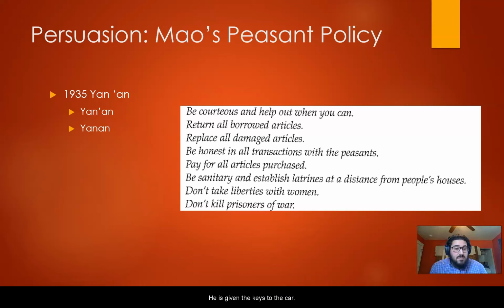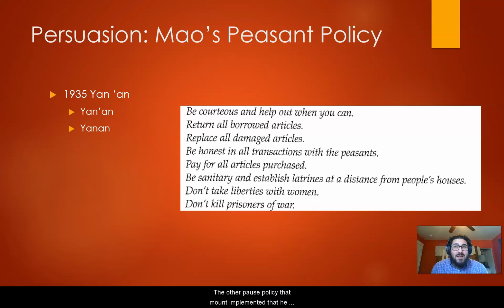They are no longer someone to deal with. Everyone believes Mao is the man in charge. And so when he applied this peasant policy across the CCP, the way he established it was not only to have it posted, not only to give it out to his soldiers, but to give it out to the peasants, to the people they were surrounding themselves with. So the peasants knew how they were supposed to be treated by the CCP and to report any issues.